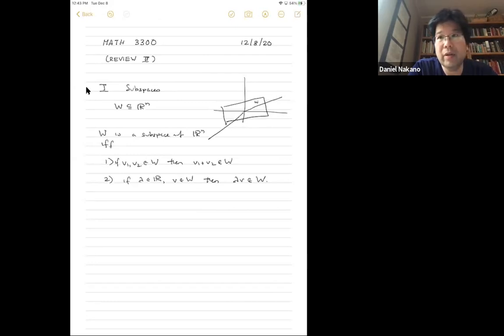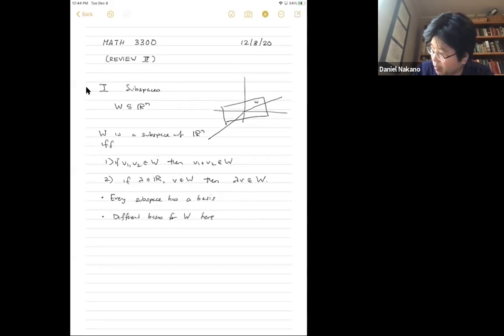Now, the nice thing about subspaces is that they always have bases. So one, every subspace has a basis. And two, different bases for W have the same number of elements.